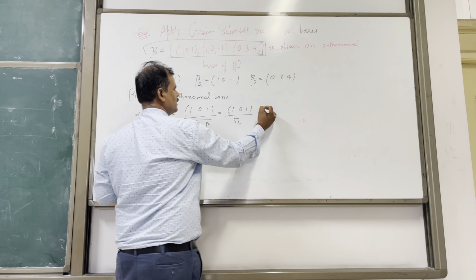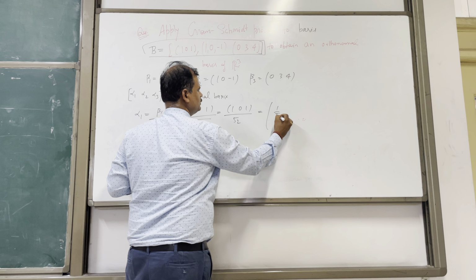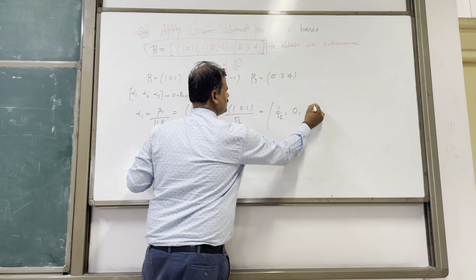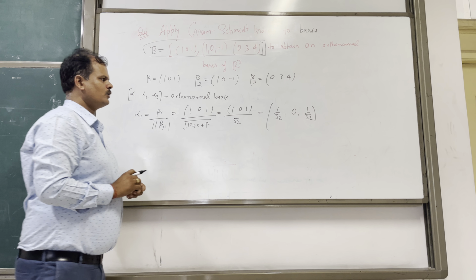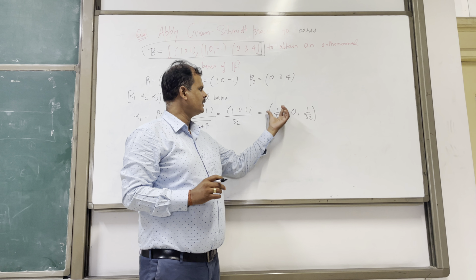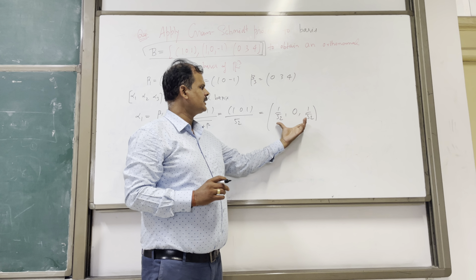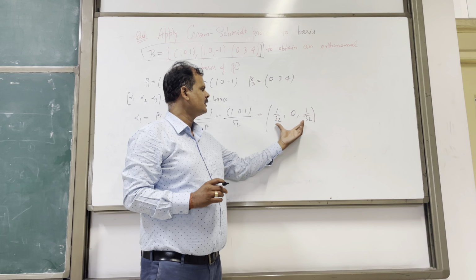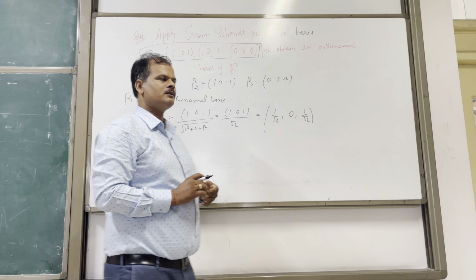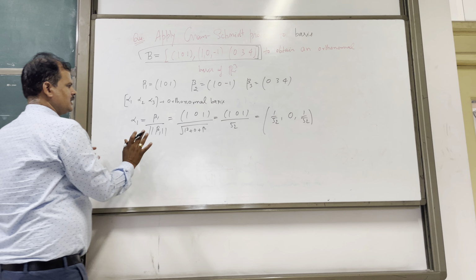So this will be (1 by root 2, 0, 1 by root 2). This is your alpha 1. If you get the norm, we'll get 1 here: (1 by root 2) whole square plus 0 plus (1 by root 2) whole square equal to 1. So this is alpha 1.